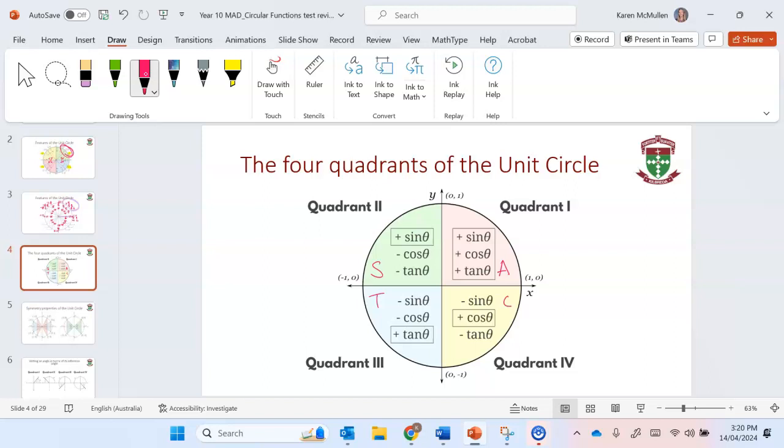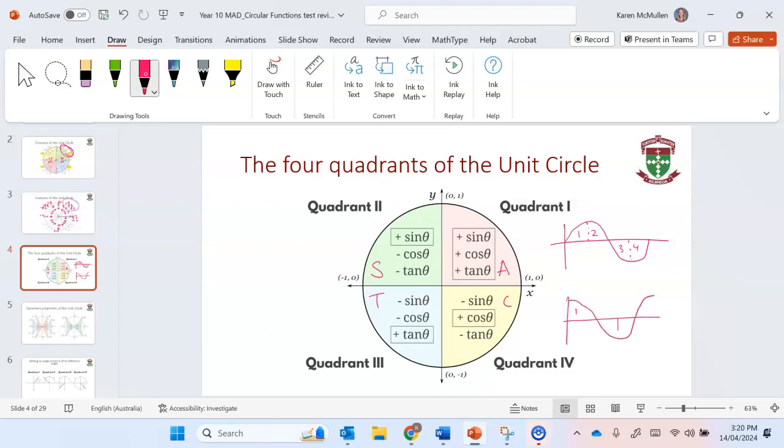You could also think of the graphs, and we'll look at the graphs shortly. If you're doing a sine graph, it goes like this. And if we were to split it into their 4 quadrants, so this is quadrant 1, quadrant 2, quadrant 3, quadrant 4, you'll notice that quadrant 1 and 2 are above your axes, so they're positive, and 3 and 4 are below your axes, that's why they're negative. For your cosine graph, it looks something like this.